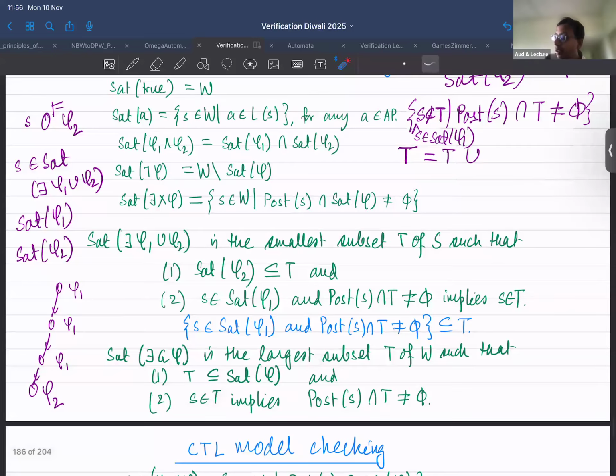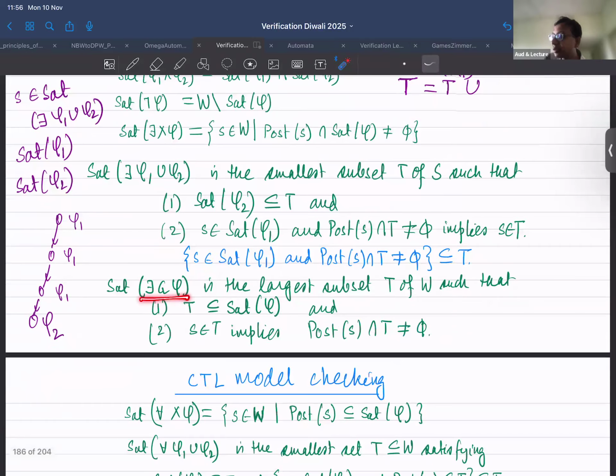Now on the other hand, if I talk about there exists G phi, so I say that this is the largest subset T of W, such that T subset of sat phi, right? So this is clear again. I think the fact that T has to be a subset of phi, right? T has to be a subset of phi. So whenever I am satisfying phi, doesn't necessarily mean that I'm satisfying that there exists a path which will satisfy globally phi, always phi, right?